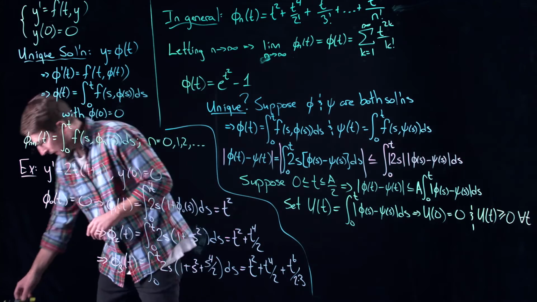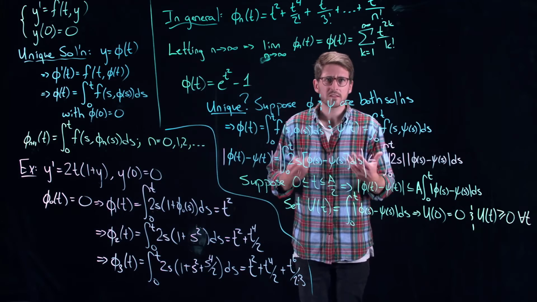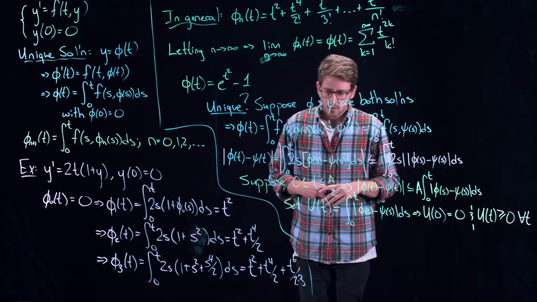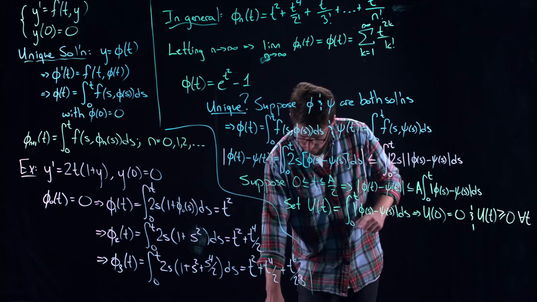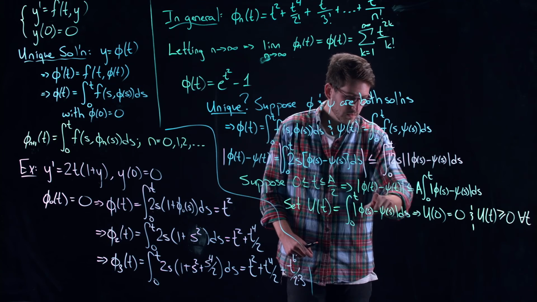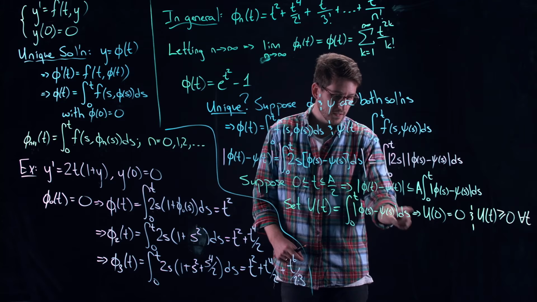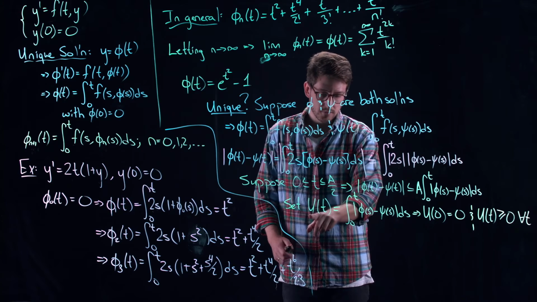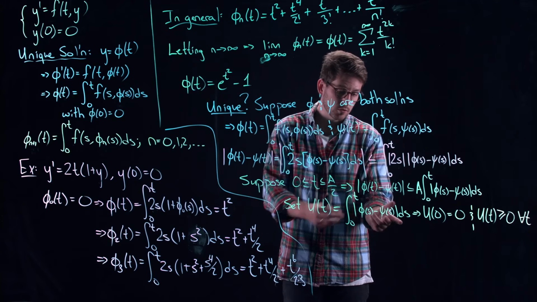I'm giving you things, but you might still be wondering, what was the point? What is it that I'm supposed to see here? Well, this whole thing right in front of me is the derivative of U. This is a derivative of an integral, so if I take U prime, I can use the Leibniz differentiation rule for integrals.